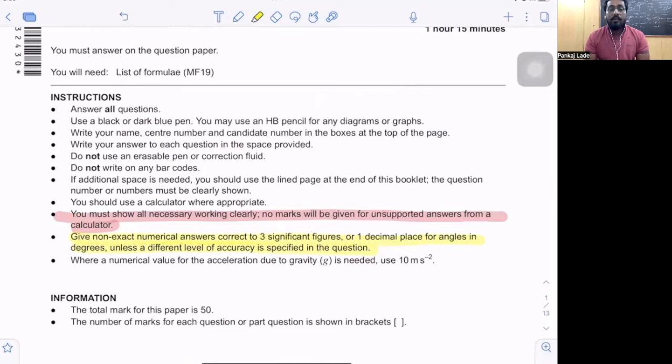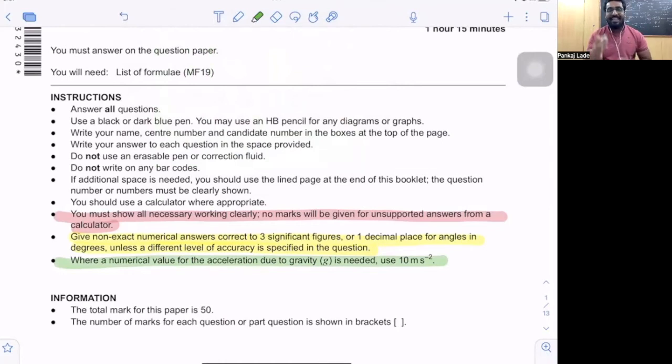If the level of accuracy is specified in the question, follow that. And the last thing to take care of is the value of g. The acceleration due to gravity should be taken as 10 meters per second squared. These 2-3 things should always be kept in mind before you start the question paper.